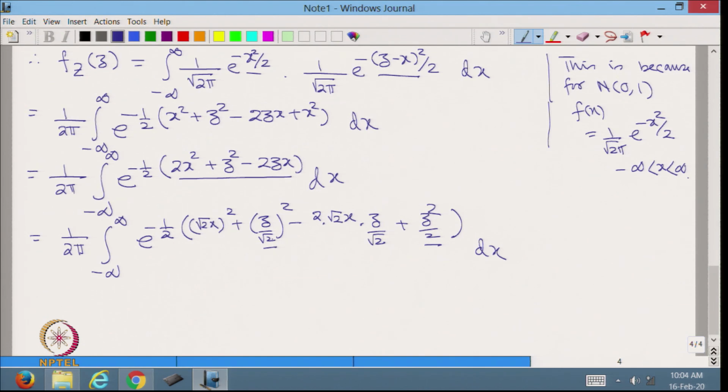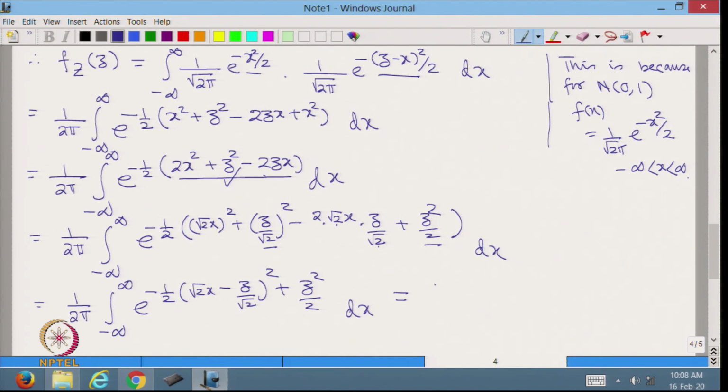So, these two together will give me this z square, and these two will cancel the root 2, and therefore will give me 2 z x. This is equal to 1 over 2 pi, the integration from minus infinity to infinity of e to the power minus half into root 2 x minus z by root 2 whole square plus z square by 2, dx.